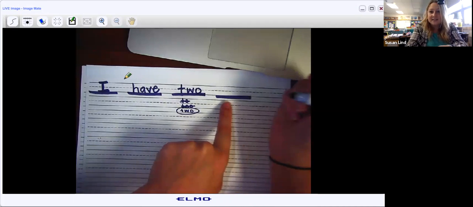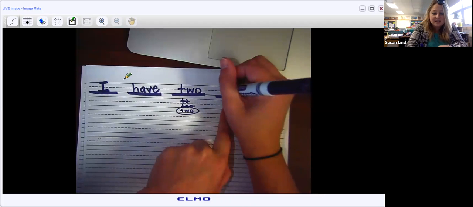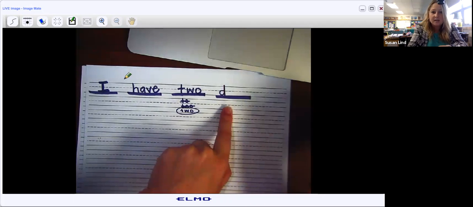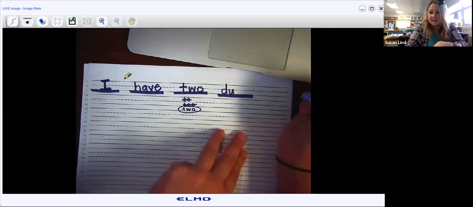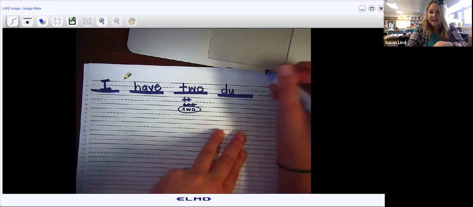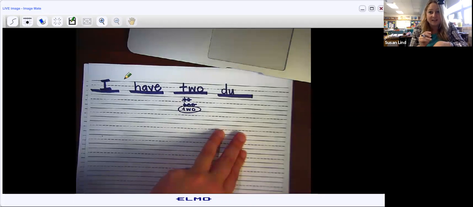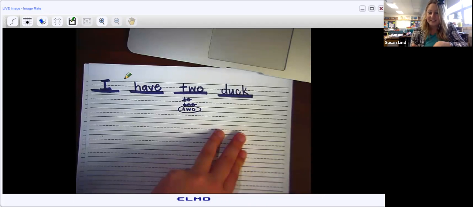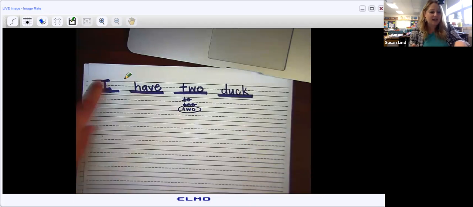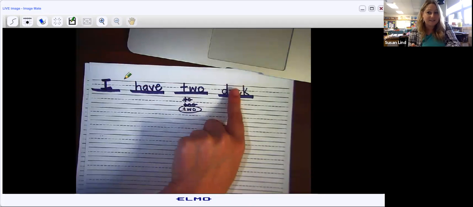D, D, D. That's a D, doorknob with a door. K. Now this one's different because I have to add both of the K sounds. C, K. That's how you spell duck. I have 2 duck.